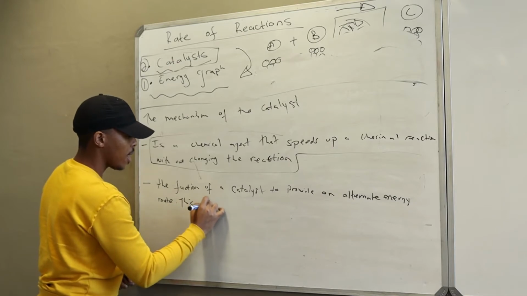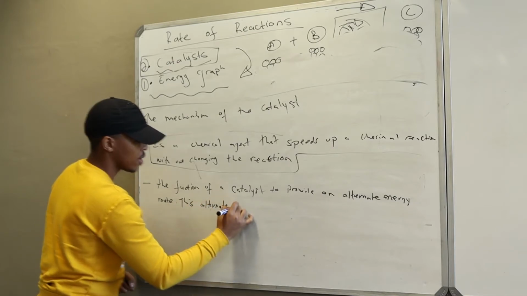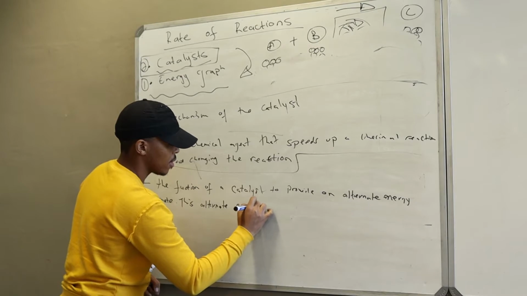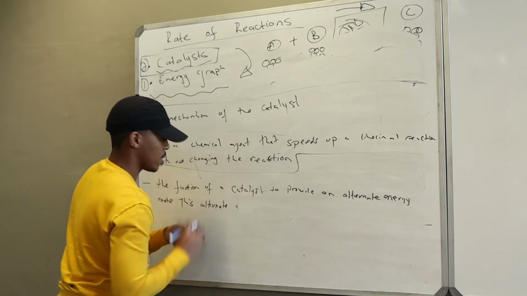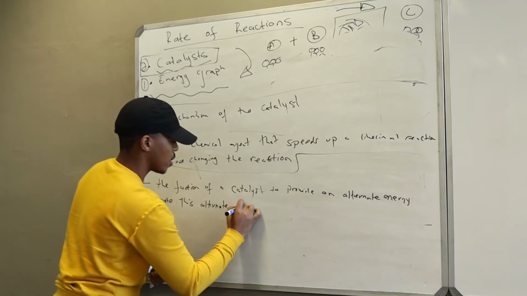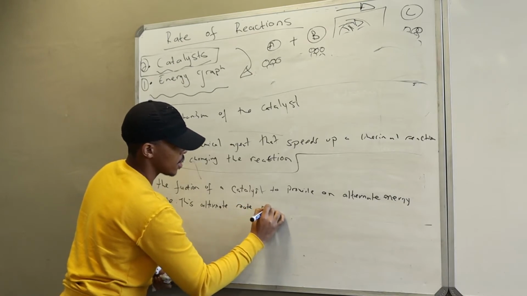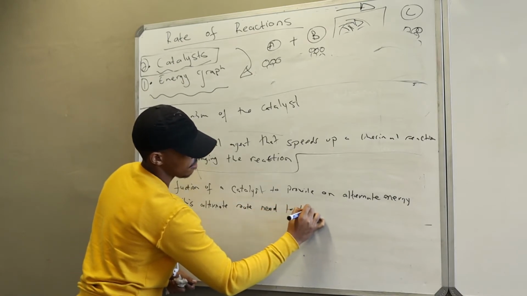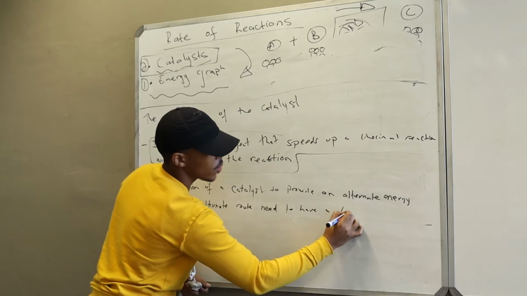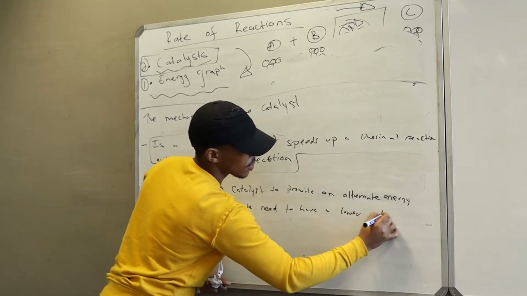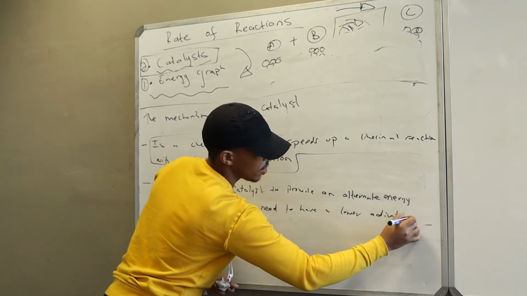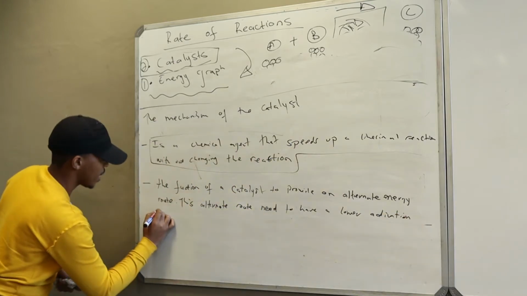This alternate route needs to have a lower activation energy.